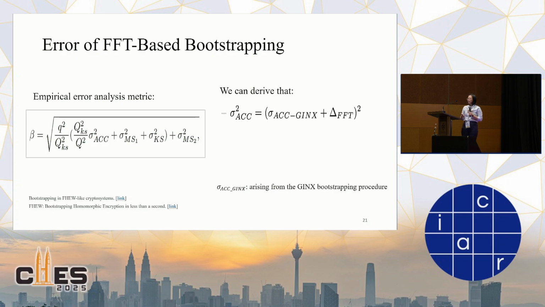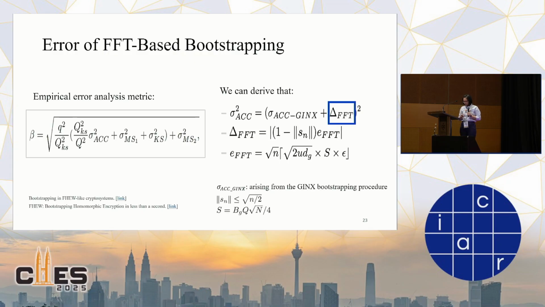So we revise the error function to include FFT precision loss. This precision loss affects the ACC computation. Since precision loss in a polynomial can be modeled as a Gaussian distribution, it accumulates during summation. By incorporating this into the revised error function, we can select the most efficient parameter that keeps the error in an acceptable range for the application.